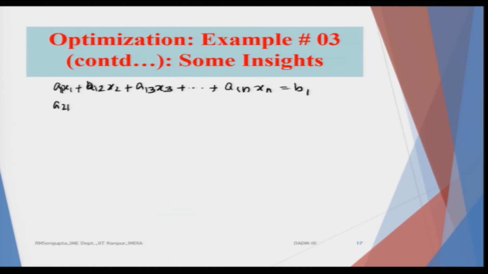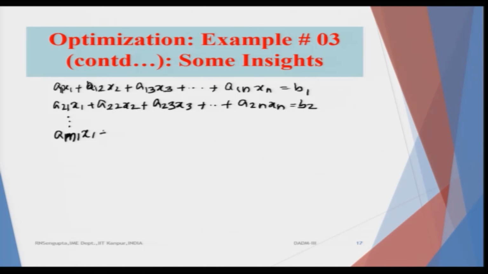The second equation is a21 x1 plus a22 x2 plus a23 x3 plus dot dot dot plus a2n xn, and so on up to am1. So, m and n are not the same. Generally, if they are equal, then it is well and good, and we will try to make them equal for some reason.